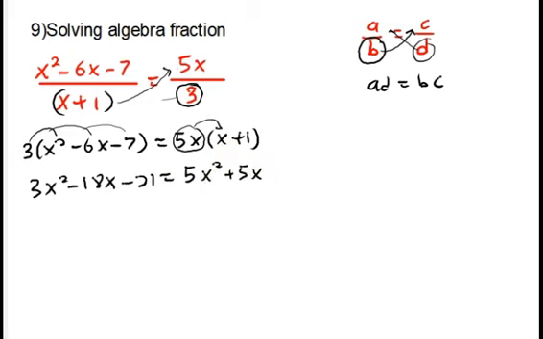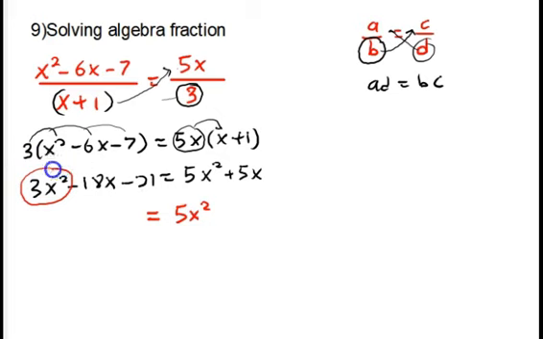Now we have to make one side equal to 0, so all the parts here we are going to move to the opposite side. This is how we solve the quadratic equation. So we take 5x squared.